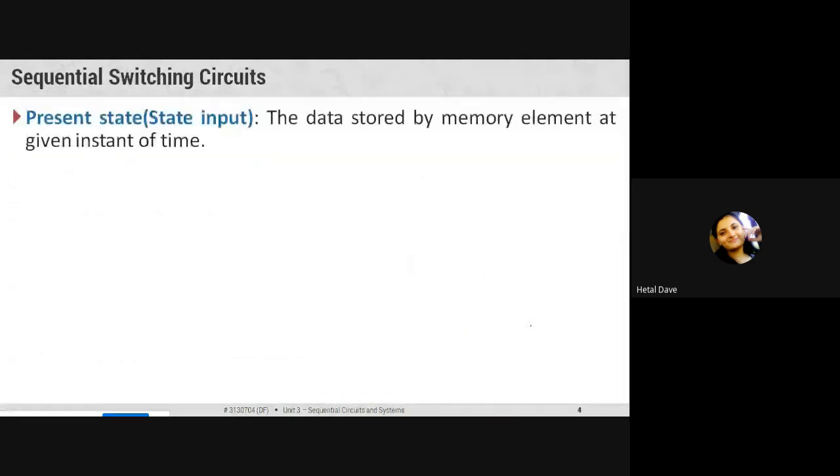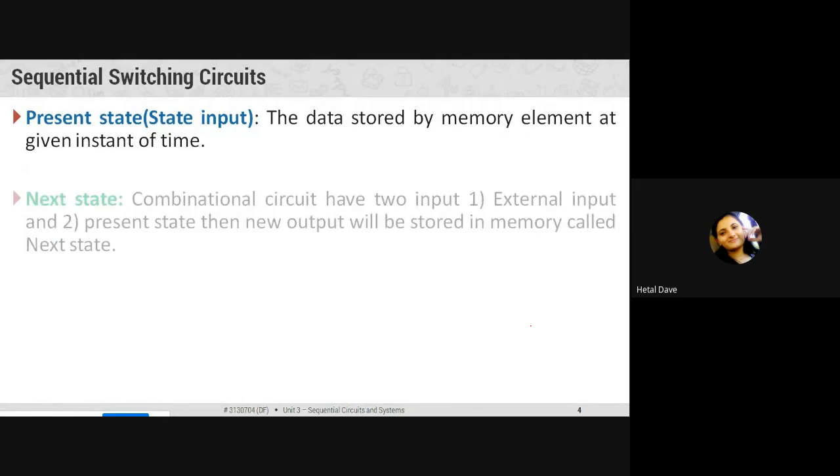Present state is the data stored by the memory at a given instant of time. The combinational circuit has two inputs, as I have explained: one is the external input, and one is its own state, the present state. New output will be generated, and it is called the next state.